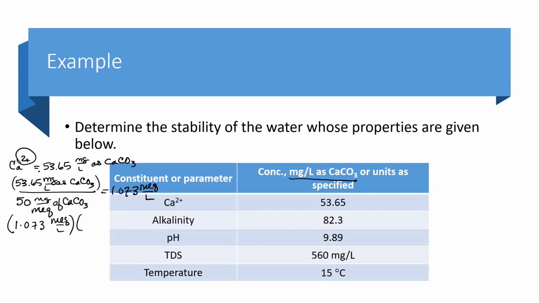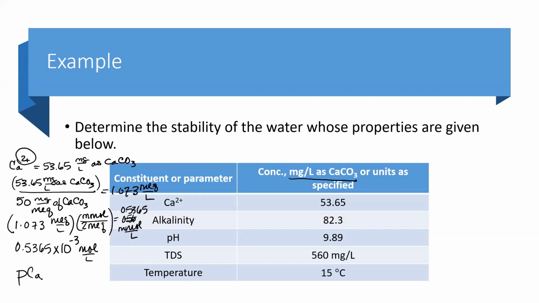Calcium has a charge of 2+, so therefore there are 2 milliequivalents per millimole. And that is equal to 0.5365 millimoles per liter, or 0.5365 times 10 to the minus 3 moles per liter.